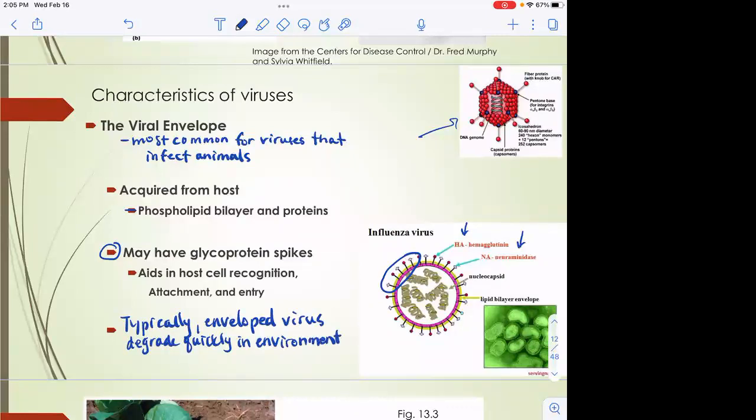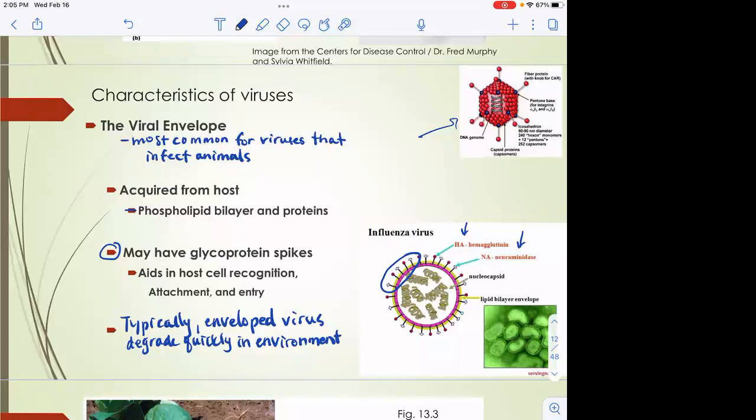You might think that it would be the opposite, but that phospholipid membrane just dries out really quickly. I'm talking about in the environment, maybe on your desktop or on the computer keyboard. That phospholipid membrane dries out really quickly.